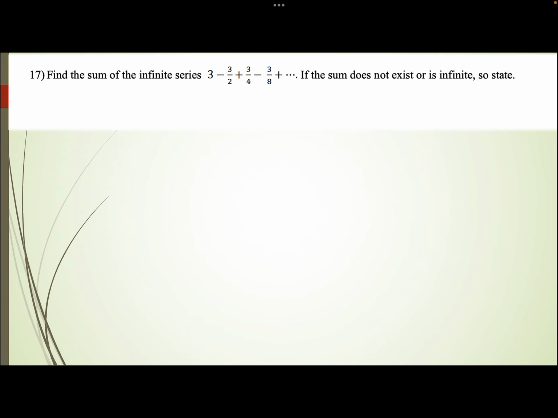Okay, the next one is using the infinite series. Remember, for it to be an infinite series, our absolute value has to be less than 1. So I find my ratio by doing -3/2 divided by 3, which is -3/2 times 1/3, which is -1/2. So I can do it. So my R absolute value is less than 1.